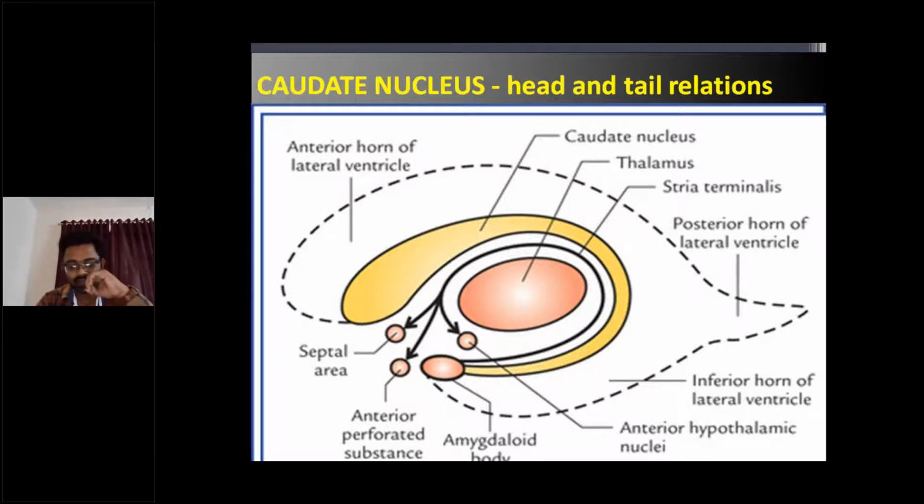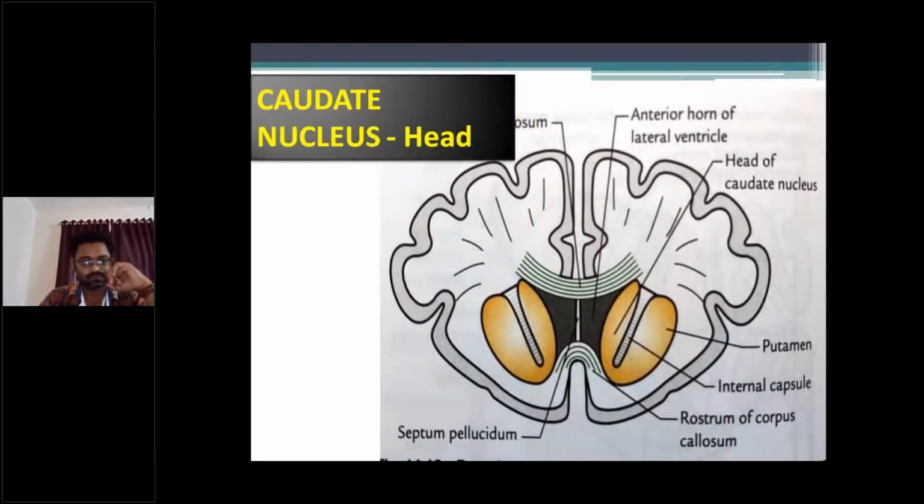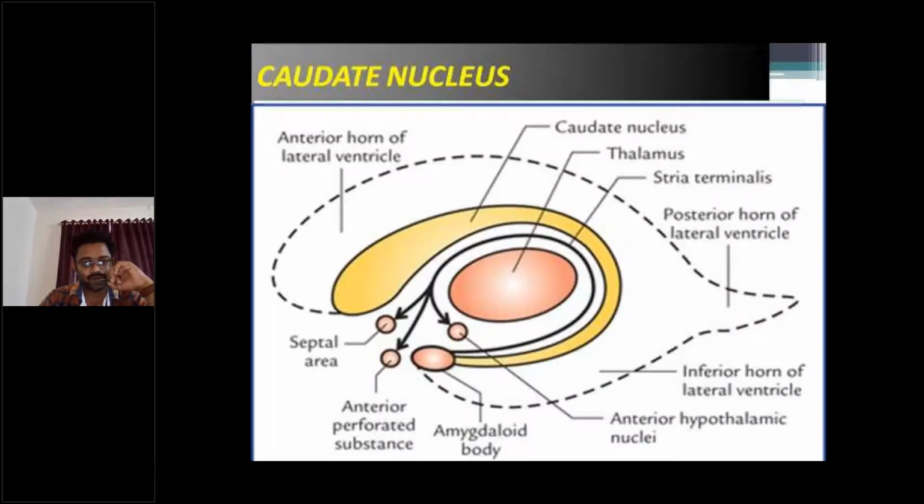The caudate nucleus is frequently asked as a 4 marks question. If you write a 4 marks question, what is meant by the caudate nucleus, what are the parts and what are the relations? So once again I repeat. What is meant by the caudate nucleus? It is a thalamus-shaped mass of gray matter that surrounds the thalamus and projects into the lateral ventricle.